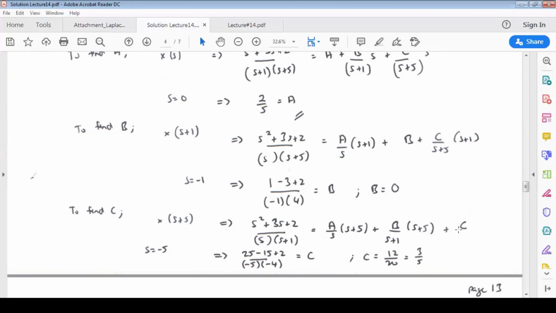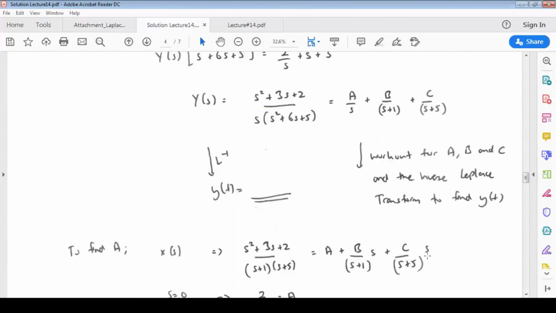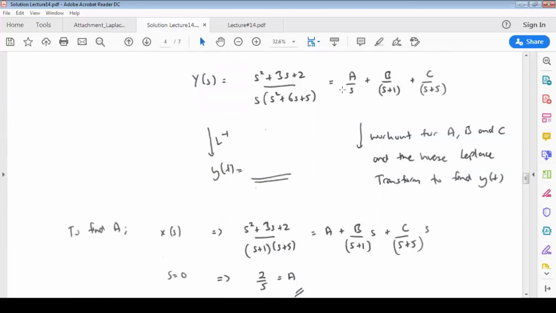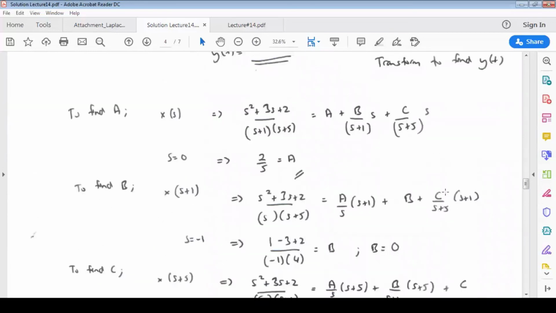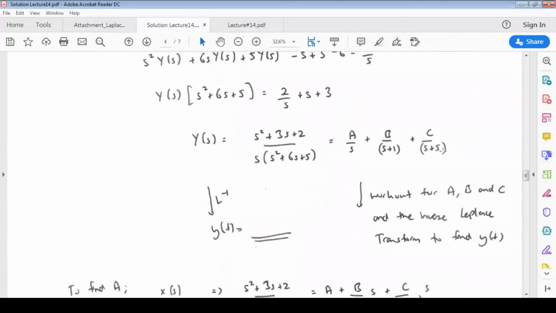To find C, we simply substitute s equal to negative 5, so your C should be equal to 3 over 5. So we have found A and C because B is 0. So simply your Y(s) will be 2 over 5s plus 3 over 5(s plus 5).